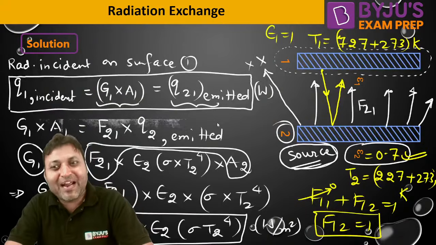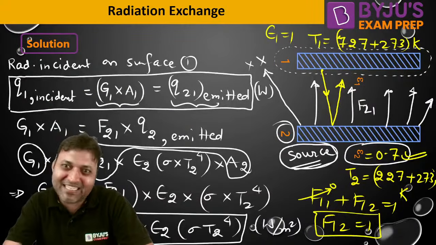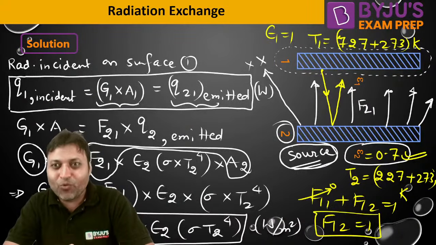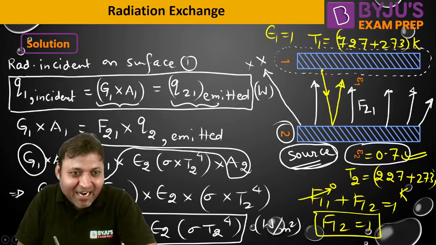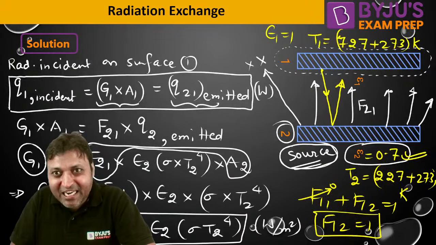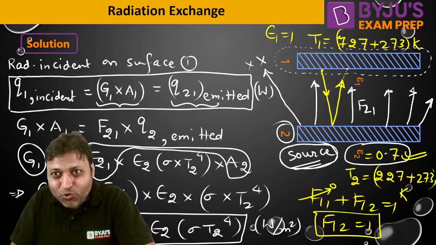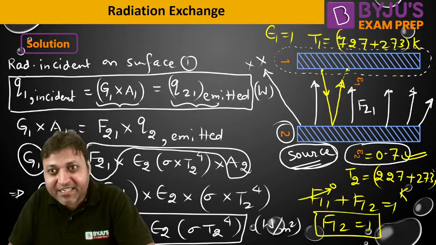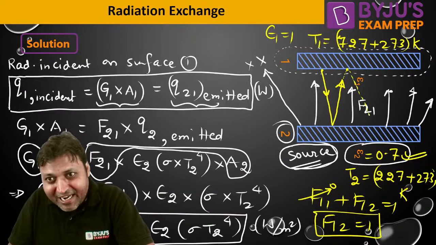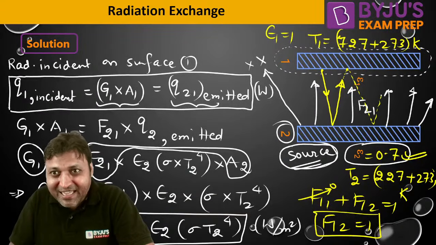So if surface 1 is a non-black body, then you will start calculating the radiation leaving surface 1, reflected by 2, reaching 1. That will be part of irradiation. Then it will also reflect the radiation. 2 will also reflect the radiation.